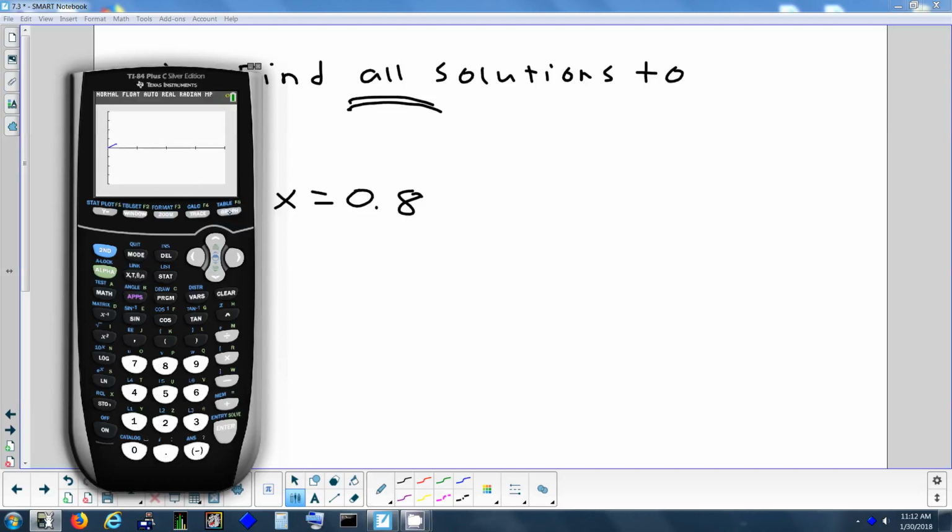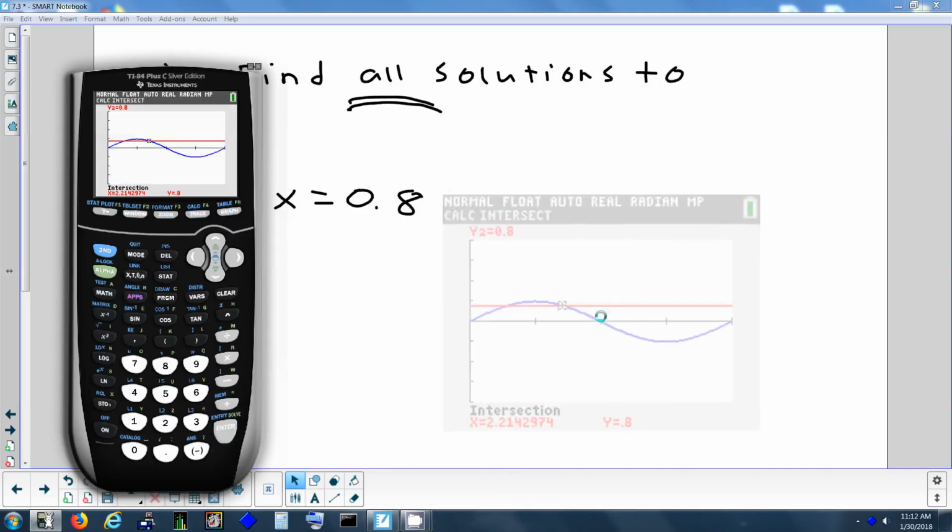Negative 4 to 4 is fine. But you're going to see one cycle. You're going to see a horizontal line at 0.8. And then we just calculate each intercept. So I'll just hit enter a bunch of times and it'll pick one. So I get the one on the right.